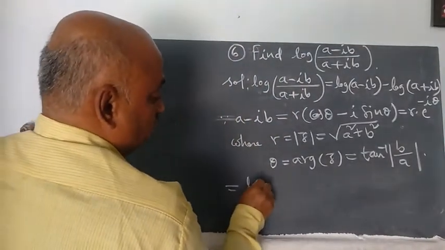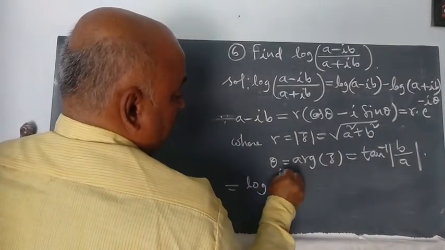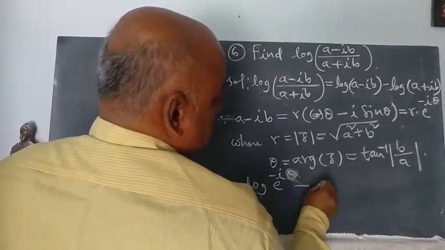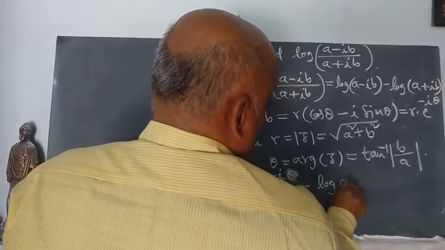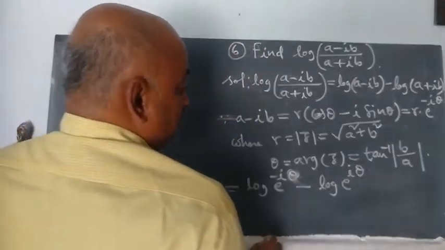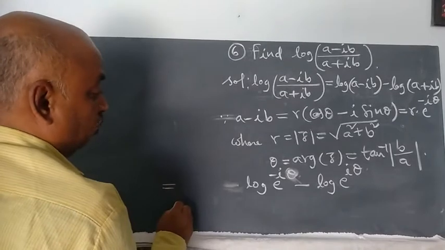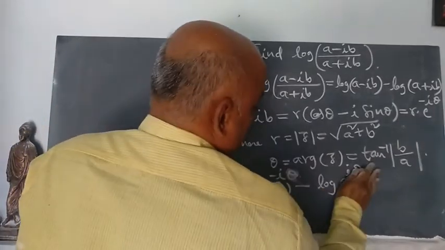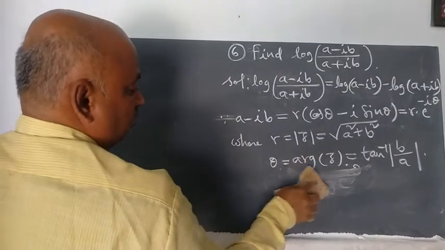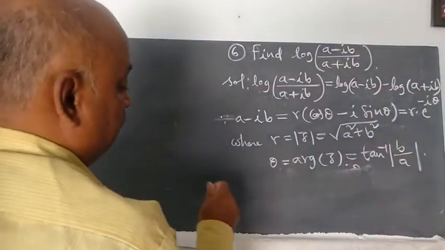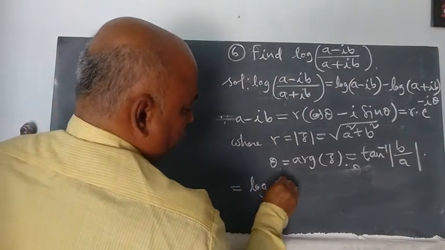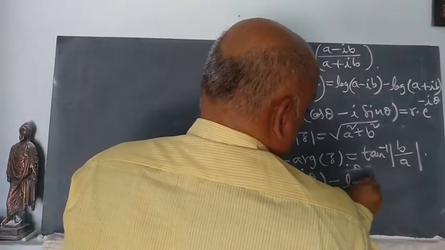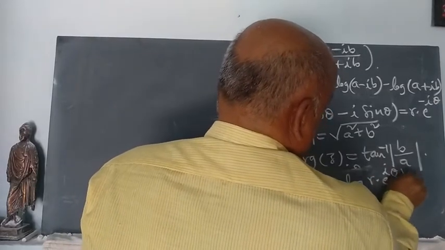So this is equal to log of r into e to the power of minus i theta minus log of r into e to the power of i theta.